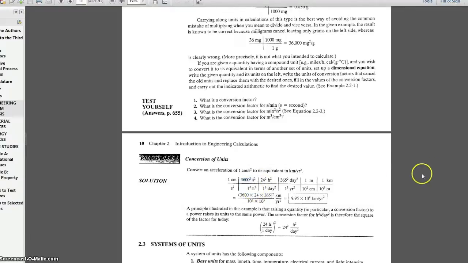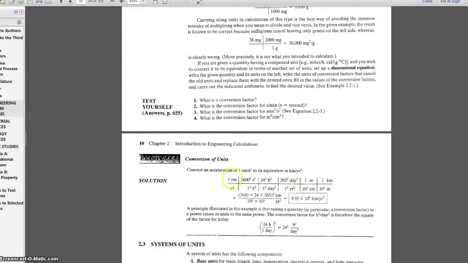And then we move progressively. 24 hours square equal to 1 day. The next is 365 days equal to 1 year. So you can see here from seconds to hours to days and to year.